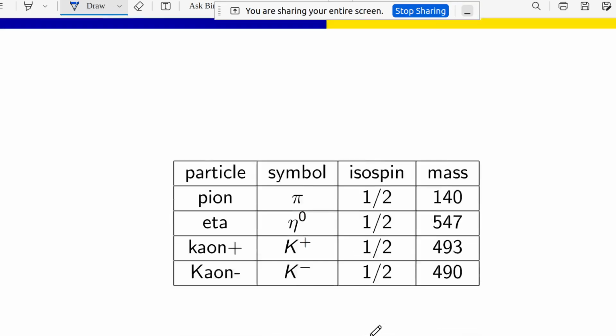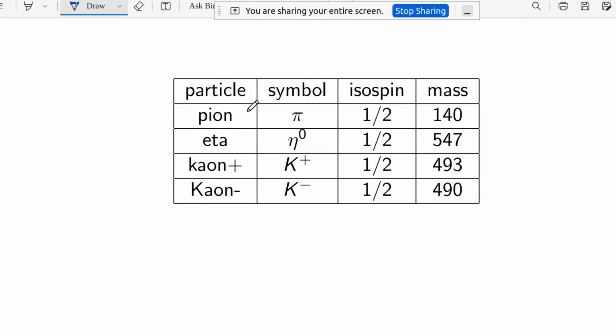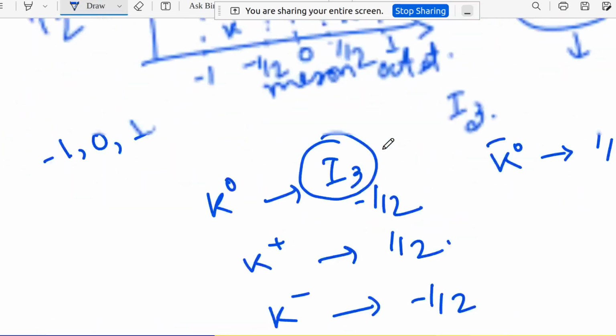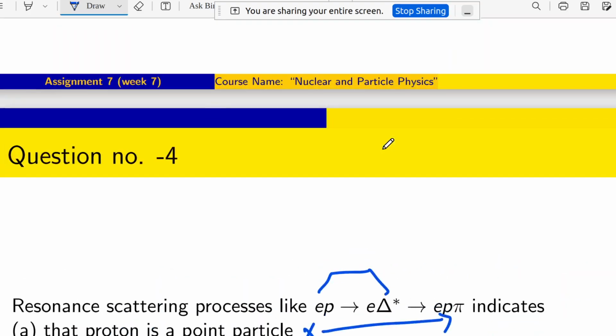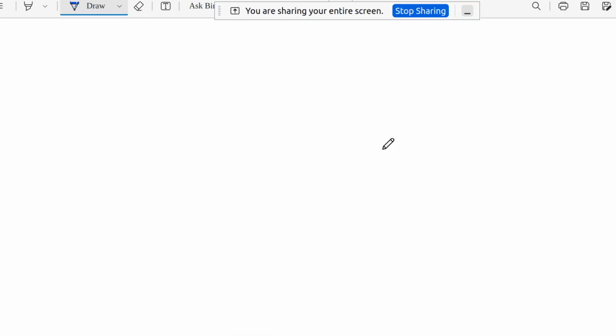These are the quark content, and this is the little bit of mass of these particles. This is for meson, and whatever I mentioned in the first table was for baryon. I think you have already remembered this one. Where is this one?